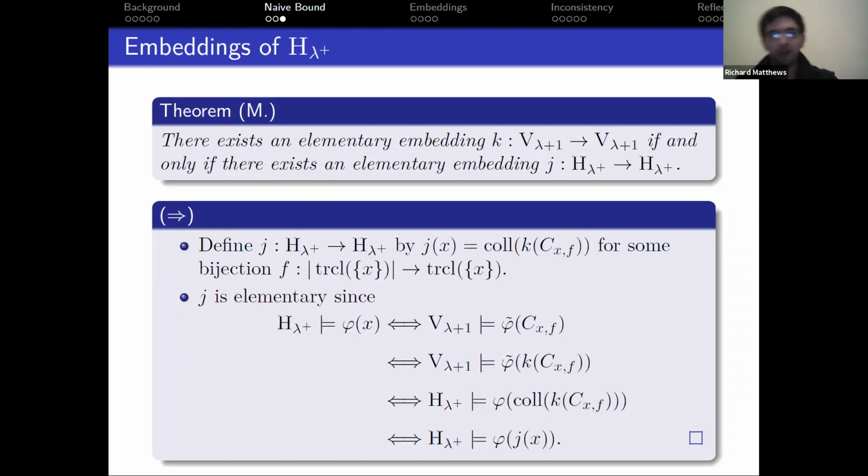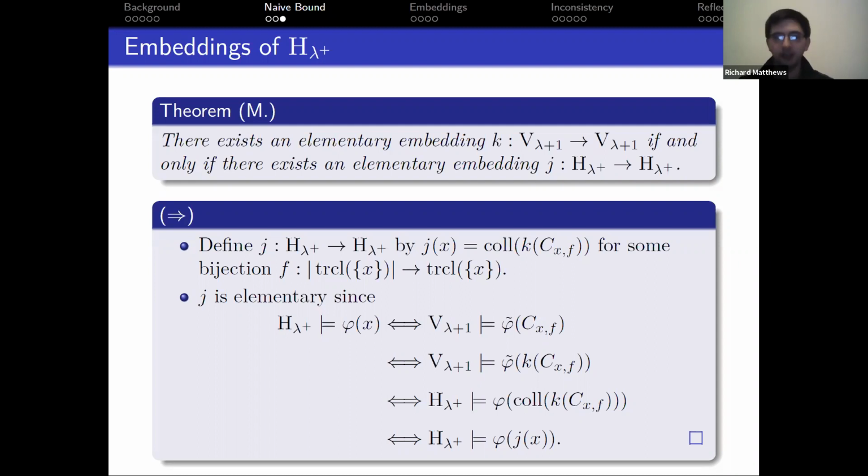Now we can define our embedding J from H_λ⁺ by what you would expect it to be. There is technically a slight trick here in that I'm going from x to the transitive closure of the set containing x in this definition. But the point is I want to define J(x) to be the collapse of K(C_x^f). That is what you'd expect. Then you show that if H_λ⁺ models φ(x), then B_{λ+1} models φ̃(C_x^f) by our coding.